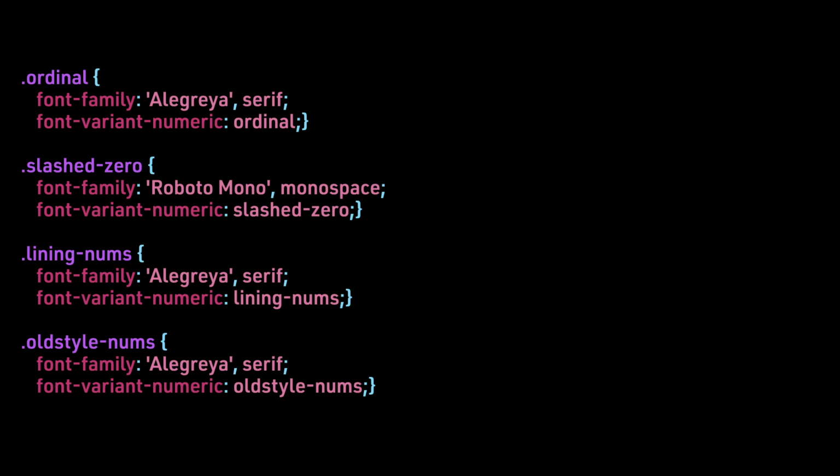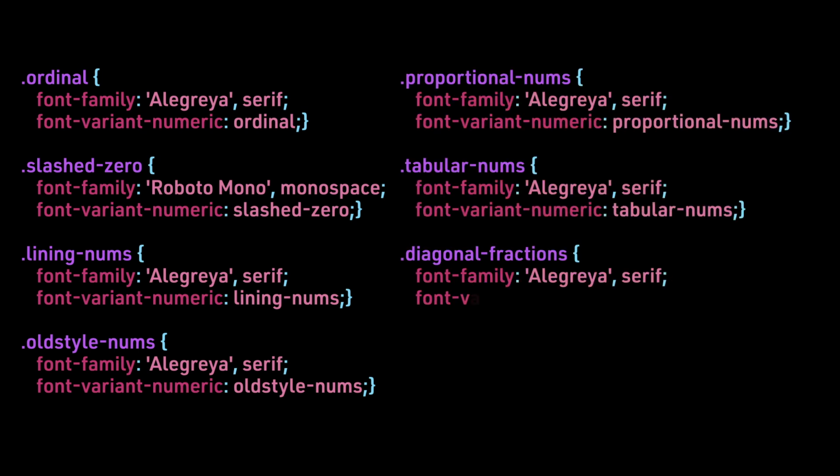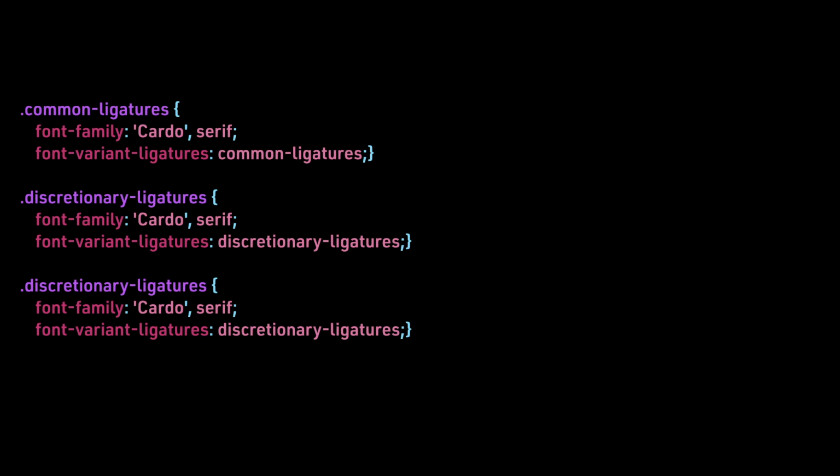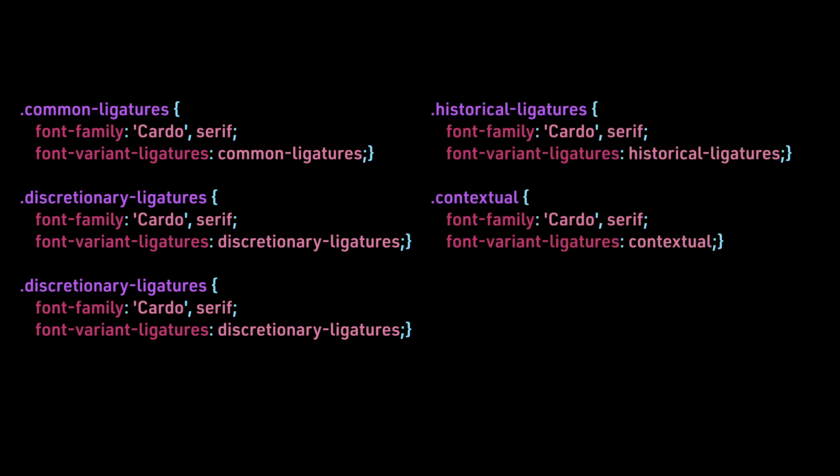For the numbers, we are using a combination of Allegreya to look at ordinal, lining nums, old-style nums, proportional nums, tabular nums, and diagonal fractions, while for the slashed zero, we are looking at Rubik Mono. We go back to Cardo to review the ligatures.